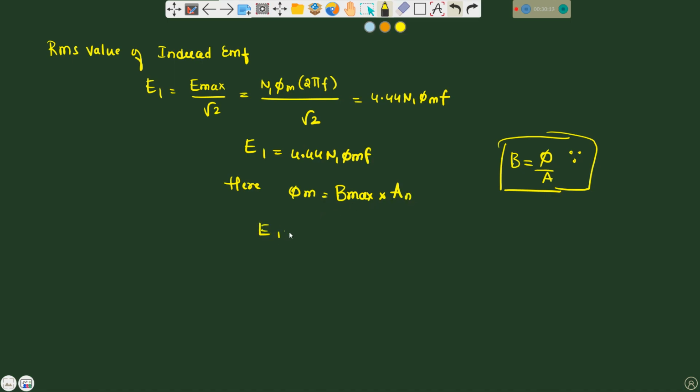So here E1 will be 4.44 into N1 Bm An f, where An is the net cross sectional area of the core.